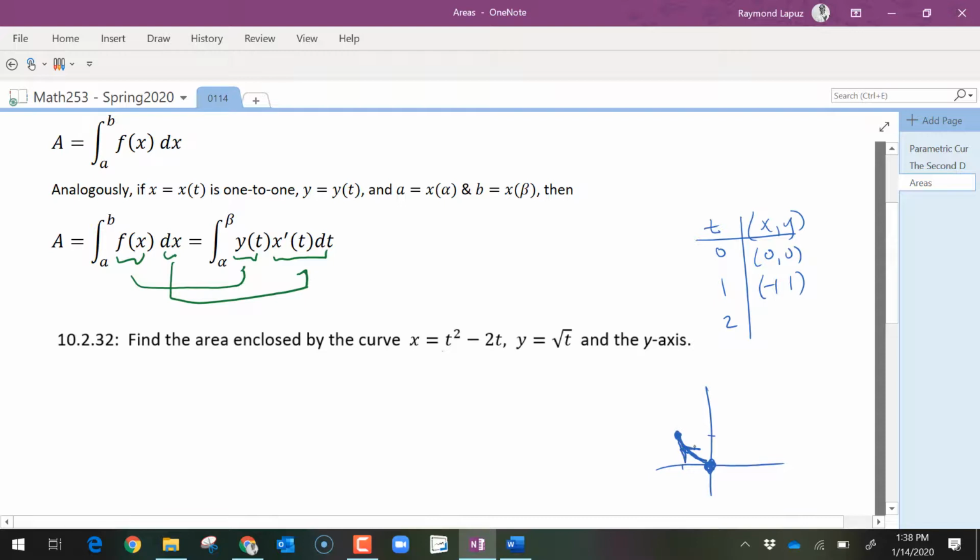Again, we'll use the graph to confirm this. If we put 2 in there, we get 4 minus 4, that's 0. So that's going to bring me back to 0. This gives me a really good idea that it's going to come back this way. Square root of 2, whatever that is, like 1.4 something. So we're up here, not more than 2.